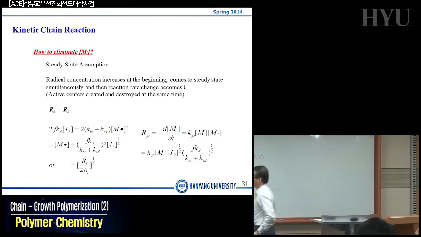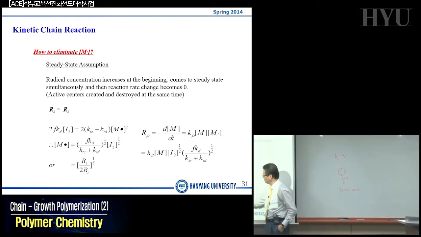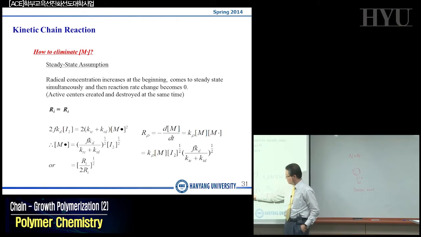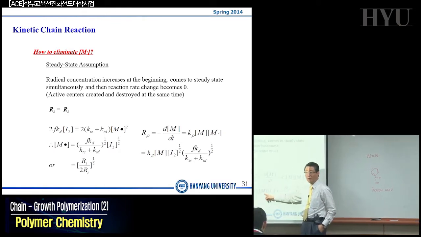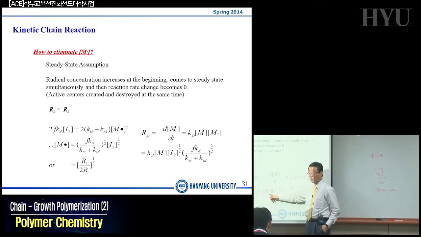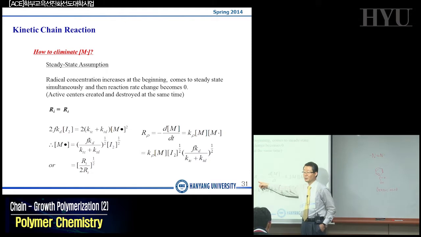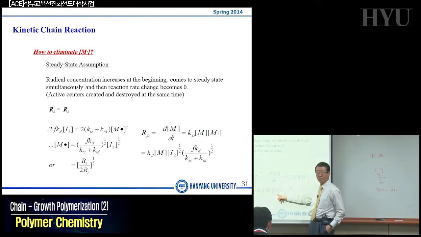Usually the Rp, rate of polymerization, is linearly dependent upon the concentration of your monomer. If you add much more monomer in your reaction system, the polymerization rate will increase linearly. What about the initiator concentration?